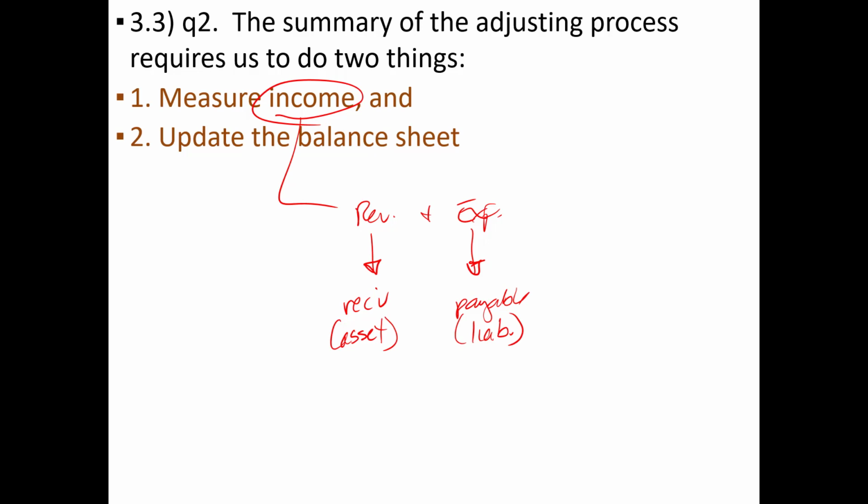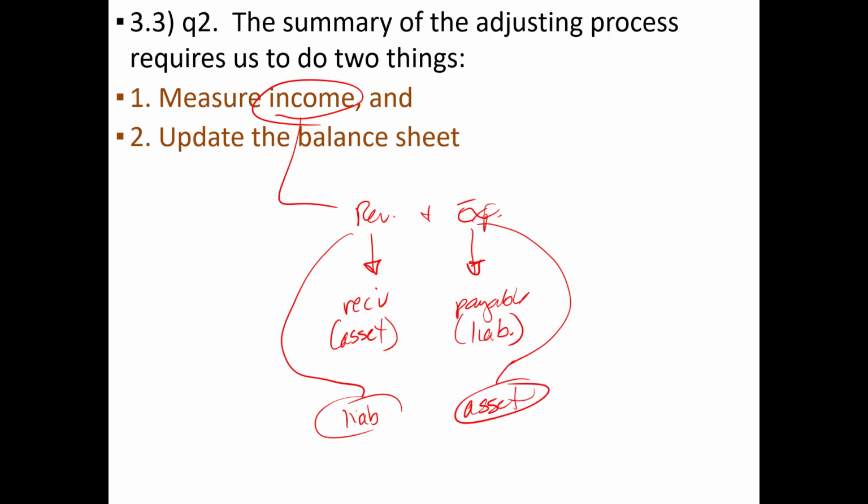But there are certain circumstances where you also may have revenue that requires an update to a liability account. And there are certain expenses where we have to record an expense to update a specific asset account.